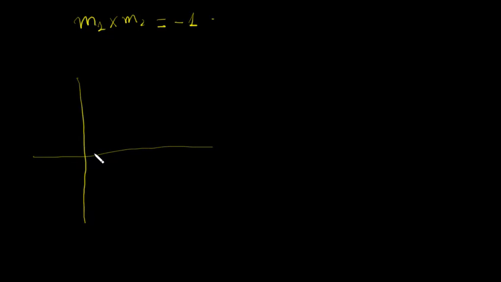Now I will give a little proof for the equation M1 multiplied by M2 equals -1. The general rule is that the product of the gradients of two perpendicular lines is equal to -1. I draw the X and Y plane here.